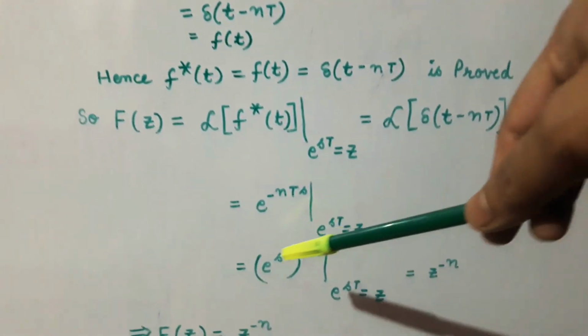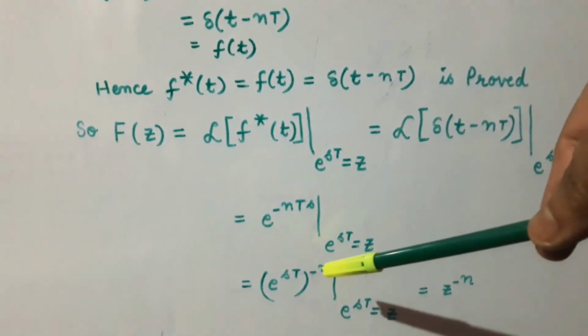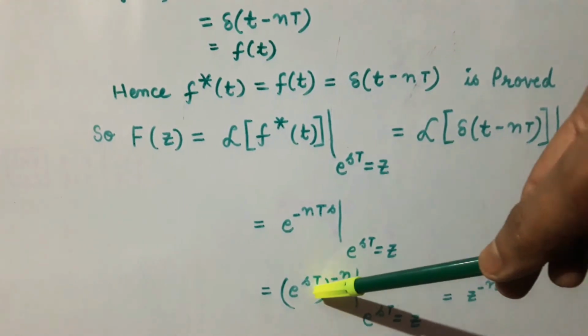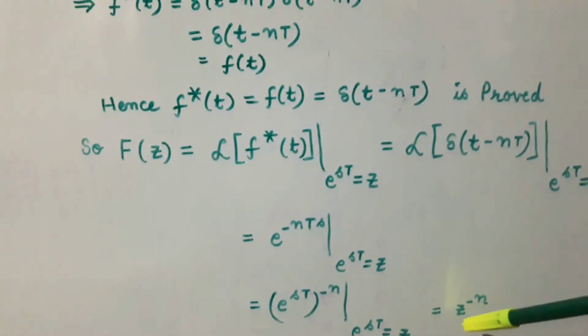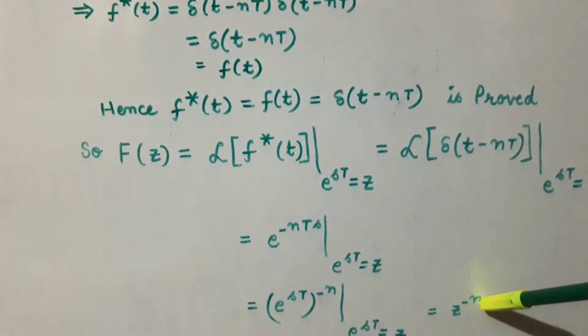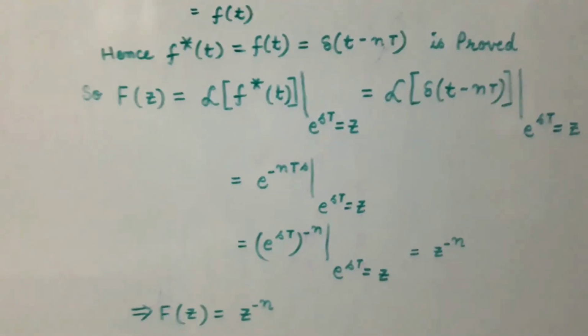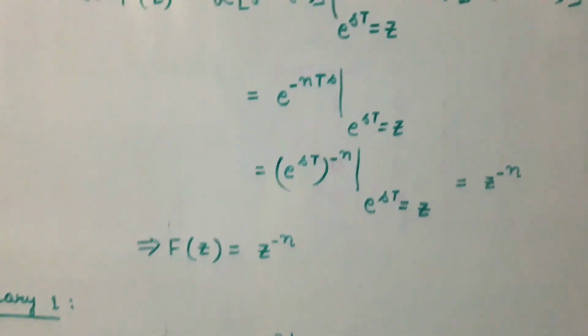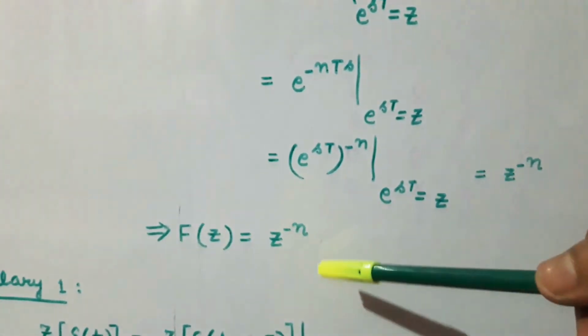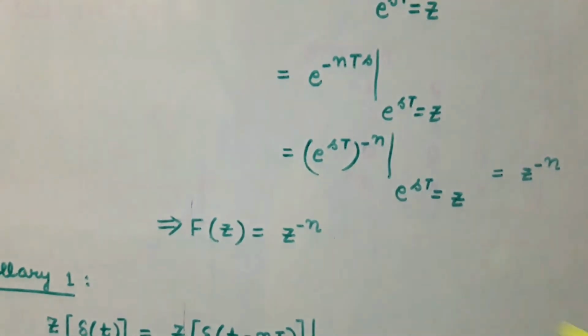So we can write this as (e^(sT))^(-n) when e^(sT) is z, and when we substitute this value in this equation, then we get z^(-n). So we find that the Z transform of the given function, that is the shifted unit impulse, will be equal to z^(-n).